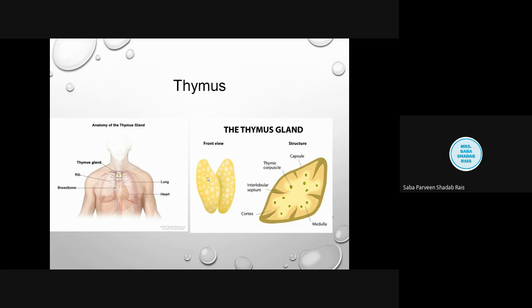So that's why we say that the immune system of adolescents is very high, because the thymus gland is very active and at its full size in that particular age. So the thymus, we all know, is a very important gland, and any problem in this gland is going to affect your immune system.